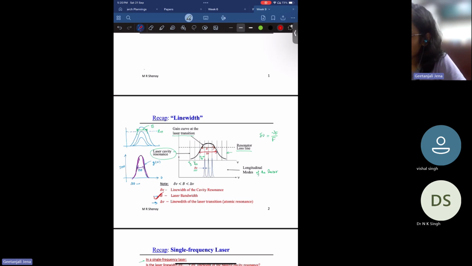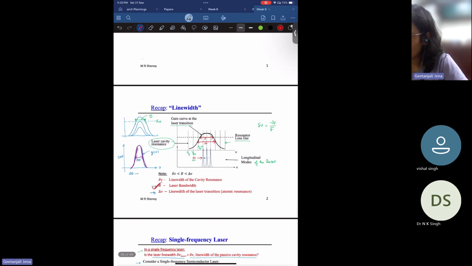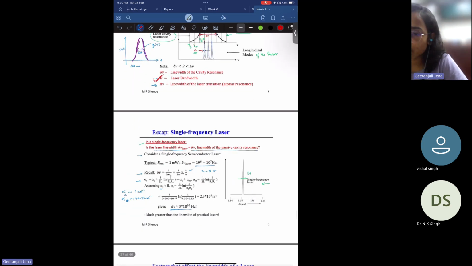And for the cavity modes, we also have a line width because these are not sharp peaks. They have some line width, and we define the line width of the cavity resonance as delta nu. So delta nu is the line width of the cavity resonance. We have seen how we can achieve a single frequency laser using the intracavity Etalon.